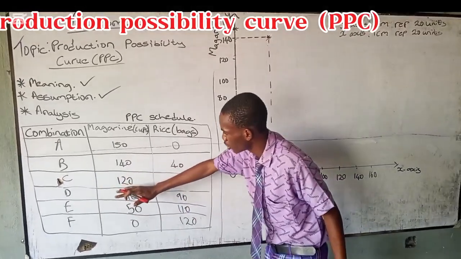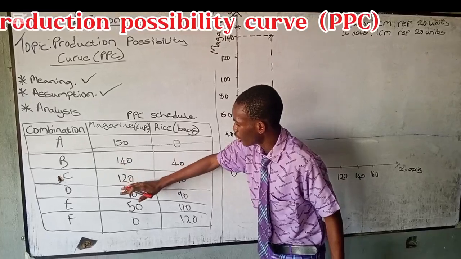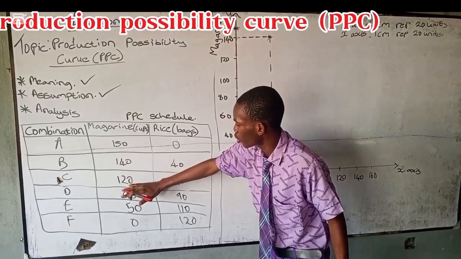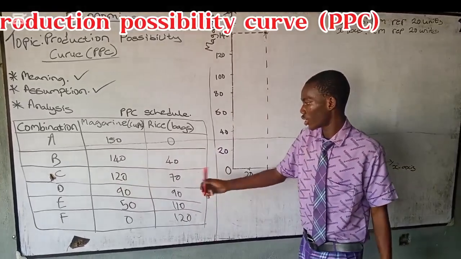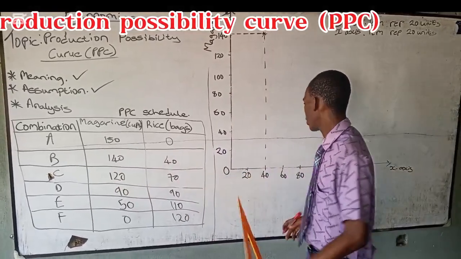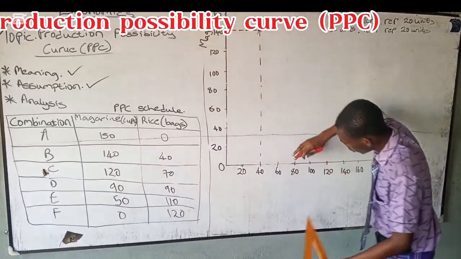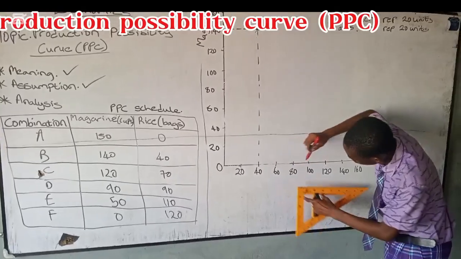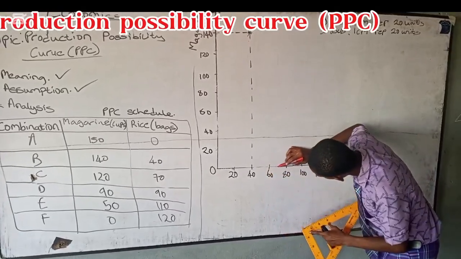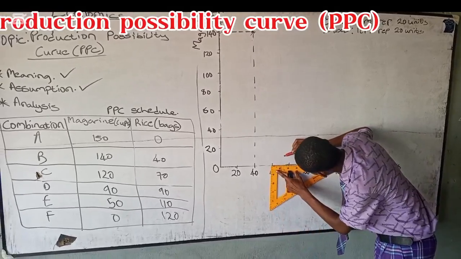Then combination C, 120 cups of margarine was produced and 70 bags of rice. Between 60 and 80, that means there is 70 somewhere here. Let's check.